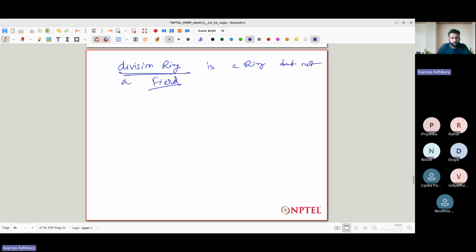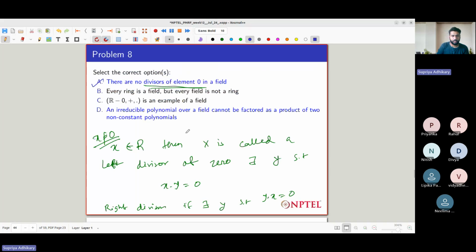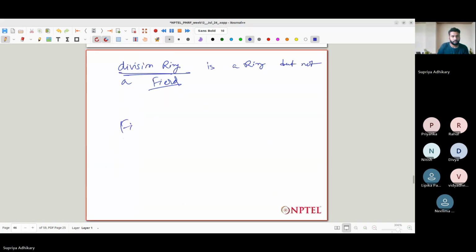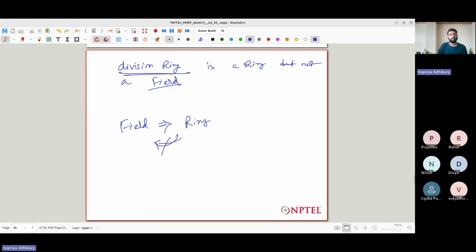On the other hand, if we consider a field, then it essentially has to be a ring first, because a field satisfies all the properties of a ring. So in order to be a field, it has to be a ring first. So field implies ring, but not the other way around. Okay, so this is not true.